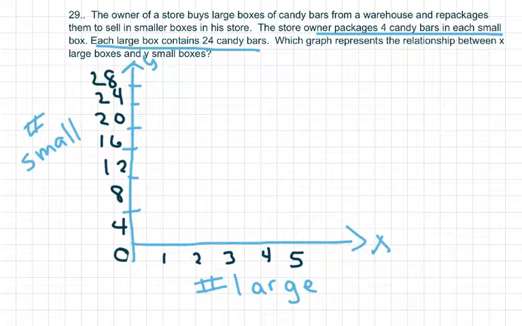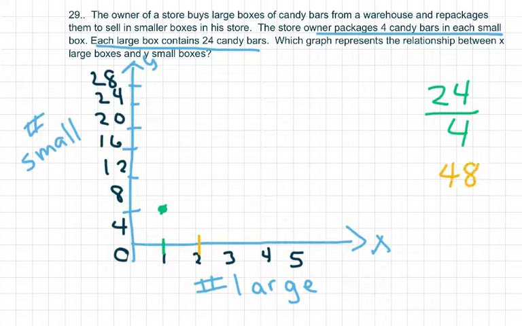So if he buys one box, that would be 24 divided by 4, so that goes to 6. My graph's not that good, but you should have the copy of the test. If he buys 2 boxes, that would be 48 divided by 4, and that would go to 12.